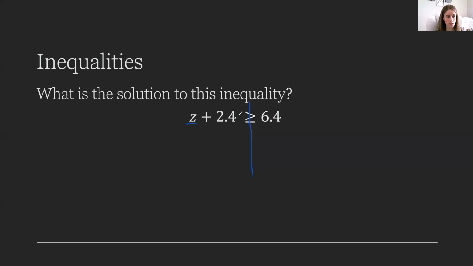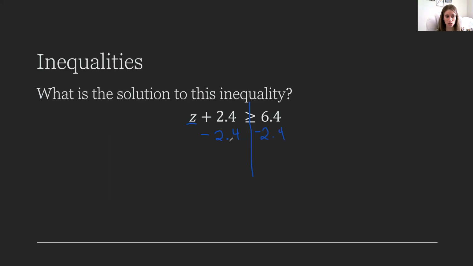That means we got to get rid of this 2 4/10. How would we do that? Hopefully you just thought to yourself, subtract, because we're currently adding, and the opposite of adding is subtracting. 2 4/10 is going to be subtracted from both sides.